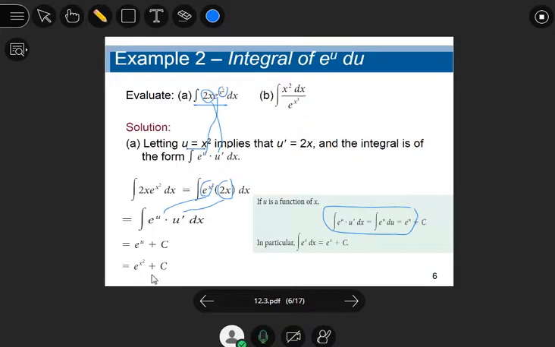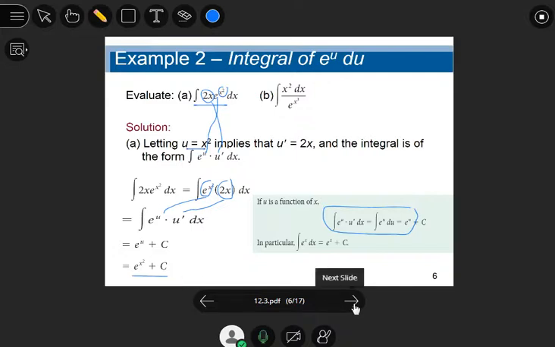So finally this is your answer, e to the power x square plus c. So it is a very easy and simple problem. Especially here the trickiest part is to distinguish what is my u and what is my u prime. If you can distinguish these both very easily and fast, then you can do your problem very well.